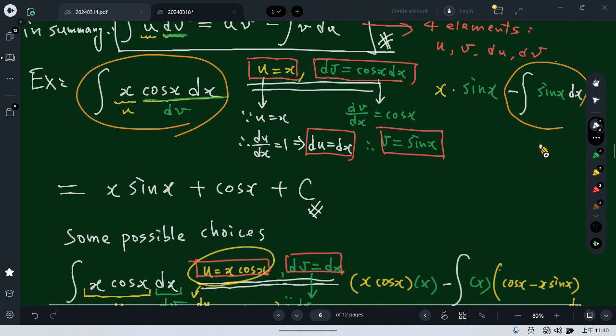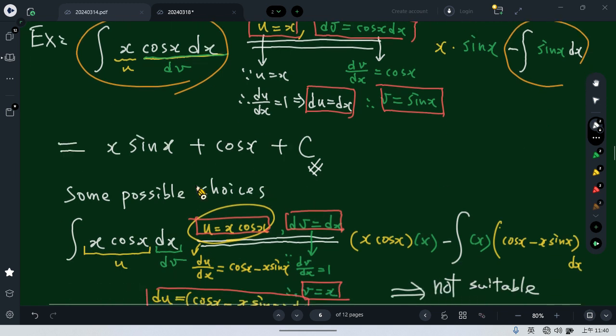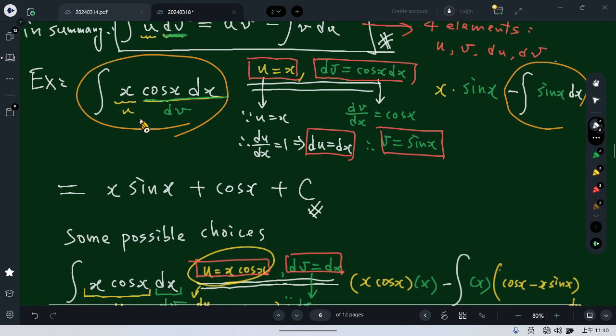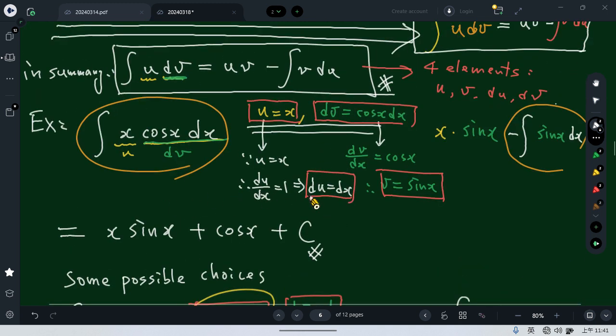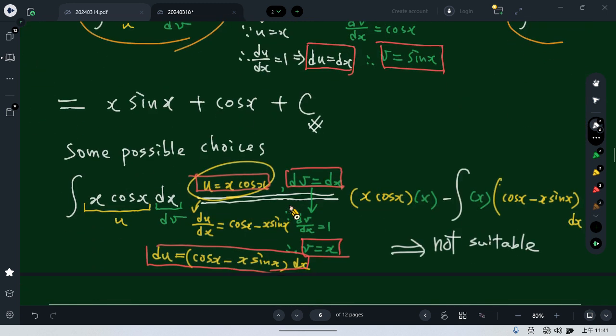So I want to show you is, of course, you have many choices. You have many choices for the assignment, right? Like here, I simply assign u as x and dv as cosine x dx. You also can possibly assign u as x times cosine x and the dv as dx. But different choices will cause different converted form.